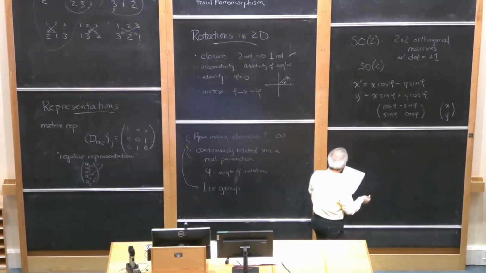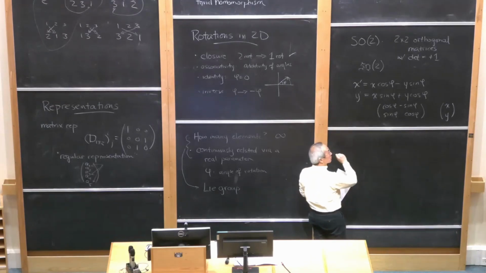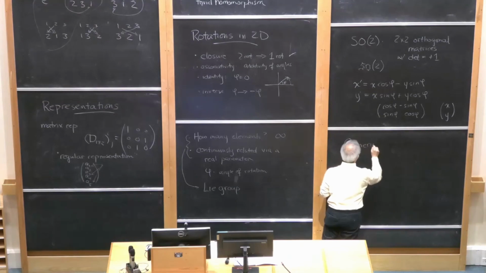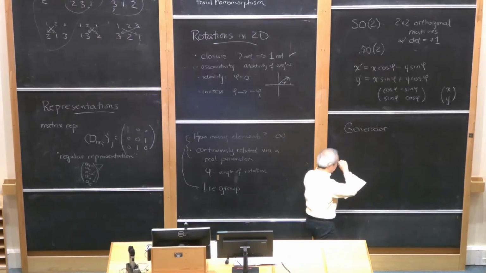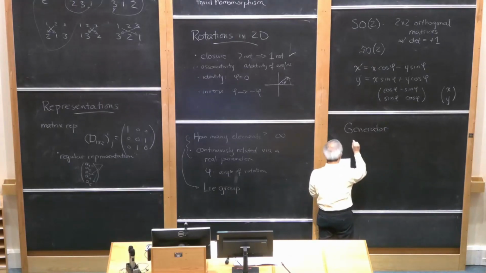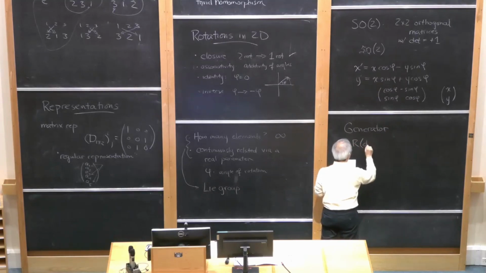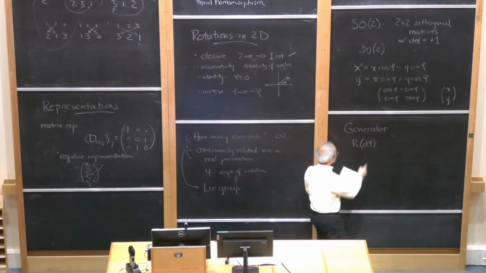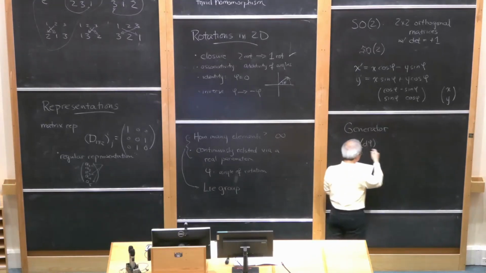And then let's talk about, just as the last little bit before we take a break, the generator. Now, in this particular case, there is actually only one generator. First of all, you have this idea of the infinitesimal rotation. We're going to rotate by some infinitesimal angle d phi.